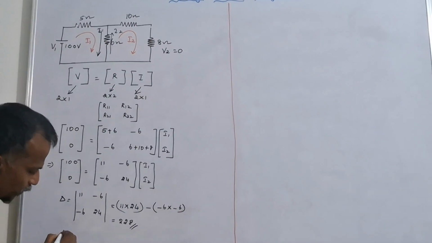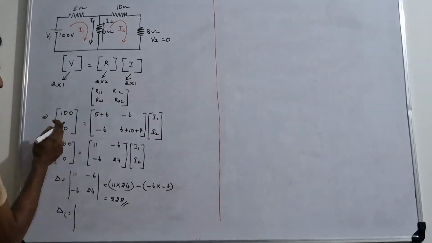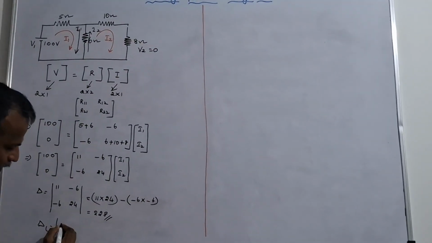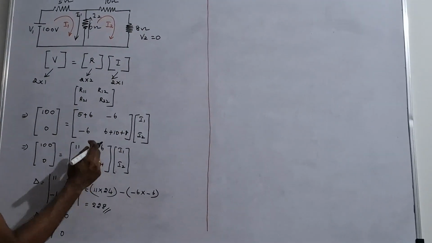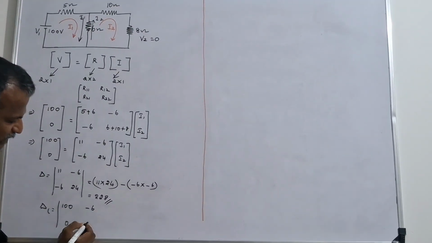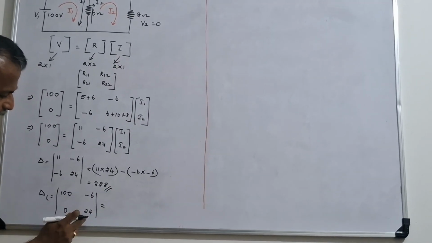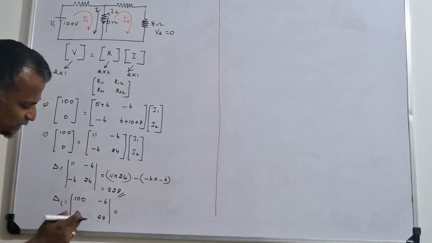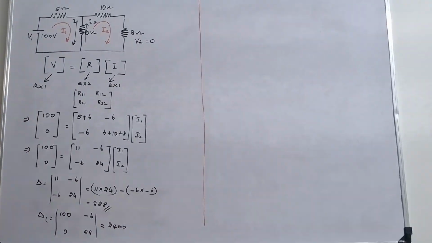Then delta 1 is nothing but the first column replaced by this voltage matrix. Therefore 100, 0. Then the second column as such, that means minus 6, 24. If you multiply it, we get 2400.